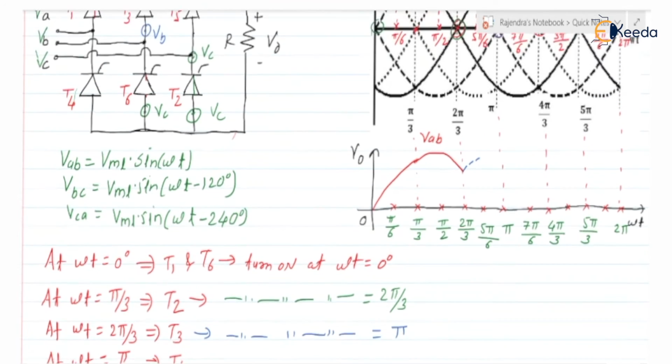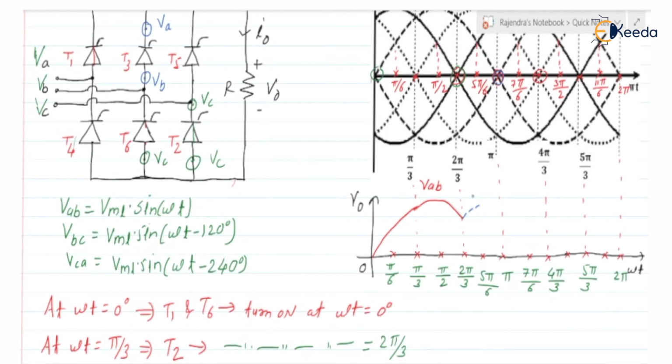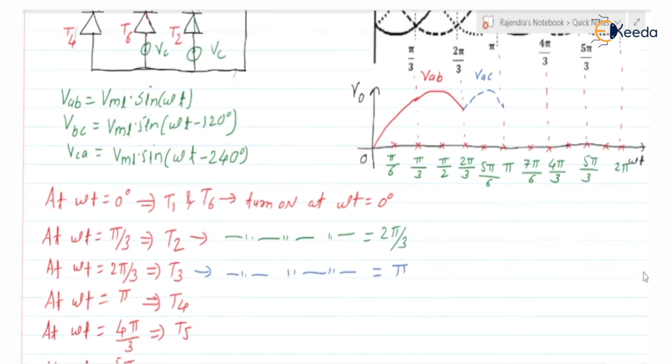So from 2 pi by 3 to pi, T1 T2 will be in the on state, and at that time the output voltage will be equal to VAC. So here we will be having the output voltage pulse equal to VAC. Is this clear? This will continue till omega t equal to pi.